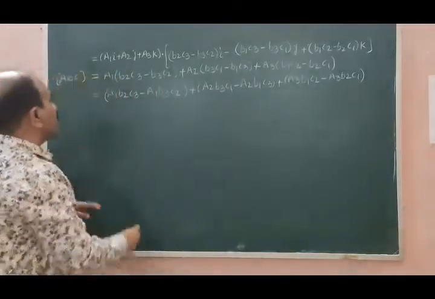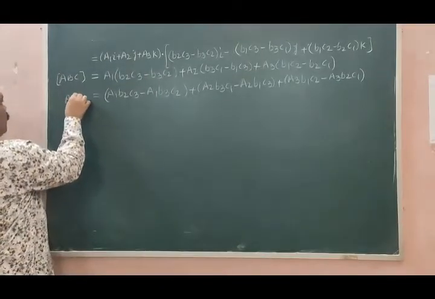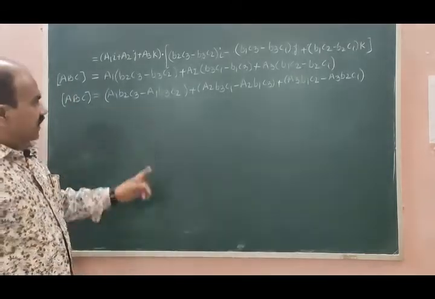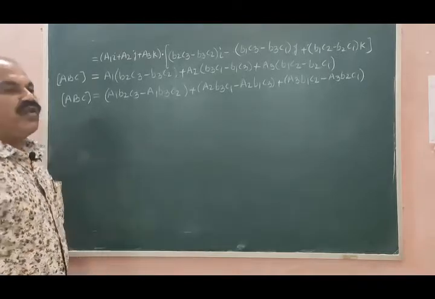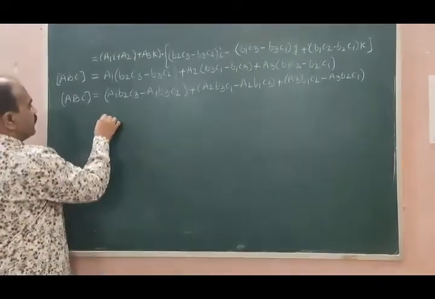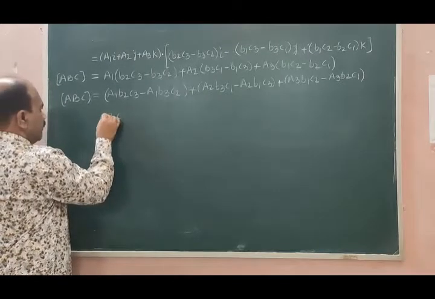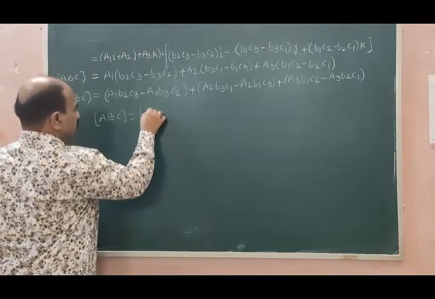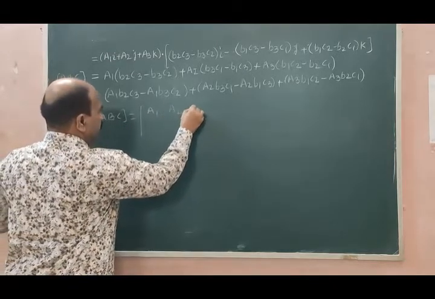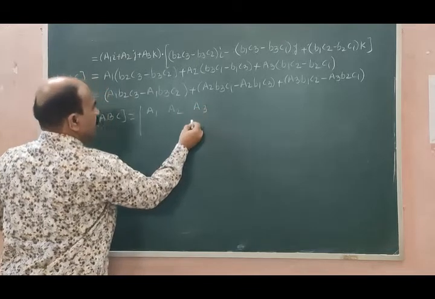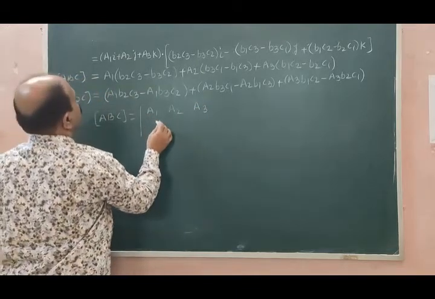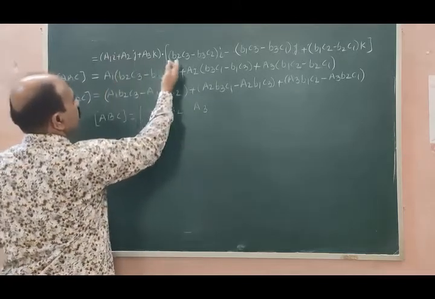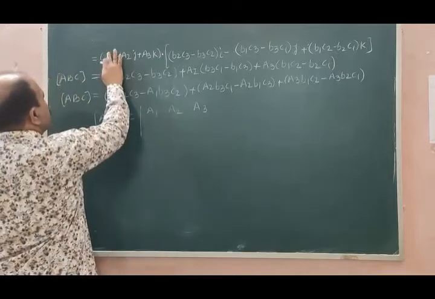This is the box product of vectors A, B, C. This is written in determinant form further, that is, box product ABC is equal to A1, A2, A3. We have taken this capital, this small, actually take this also small.